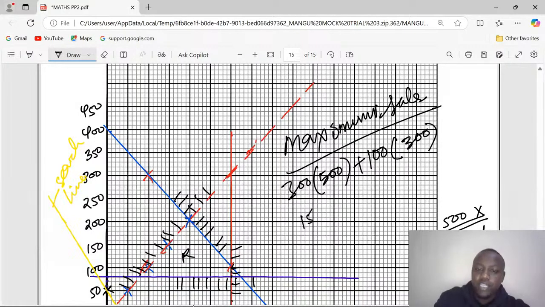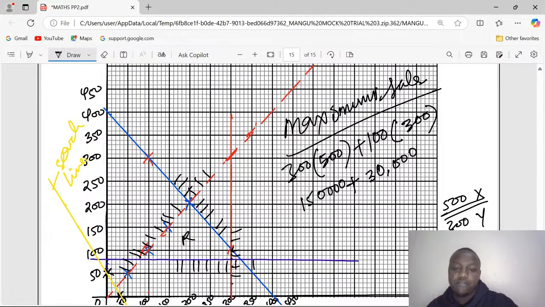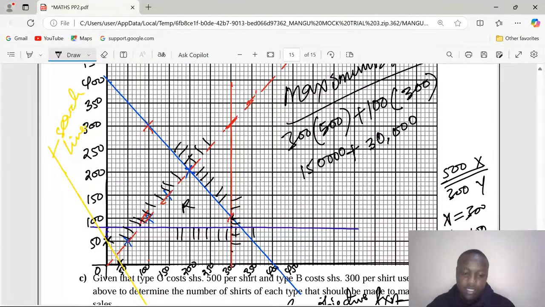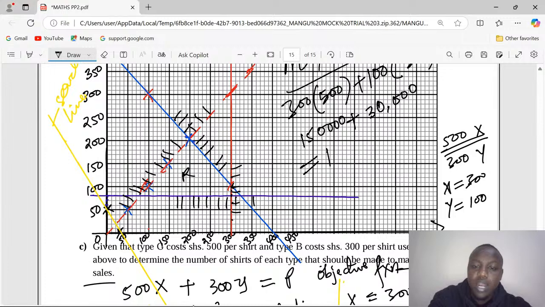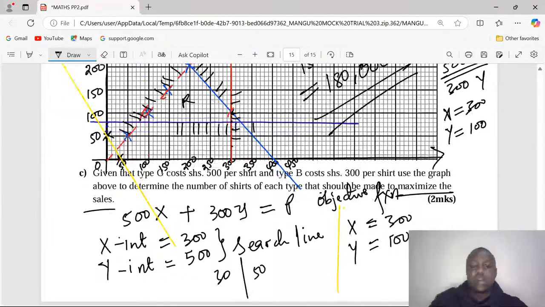This is going to be 150,000 plus 30,000. This is going to give us 180,000. So the maximum sales is 180,000. So that is how we play along that question on maximization.